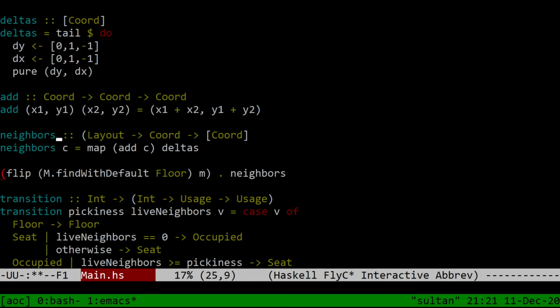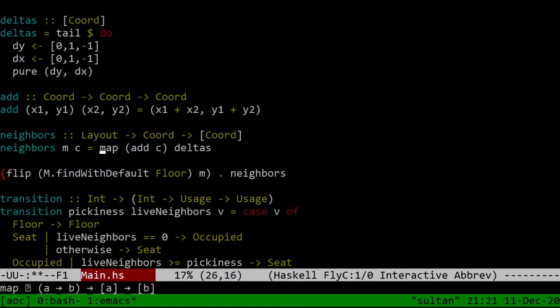Hang on. Those are just ordinary arguments. So in this case, we can just completely ignore the M. We don't need to know the layout. Oh yeah, I do.